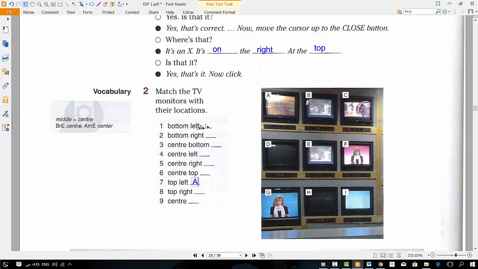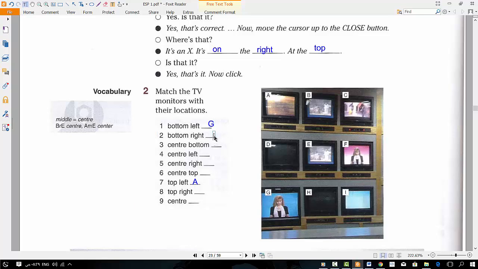Okay, let's do it. Now, bottom, left. This one, G. Two, bottom, right.